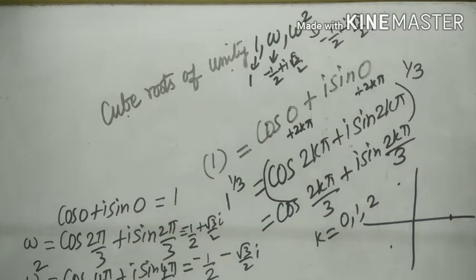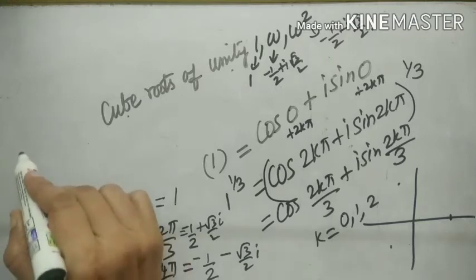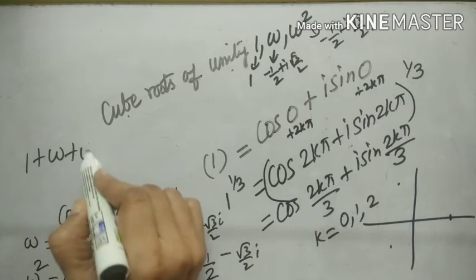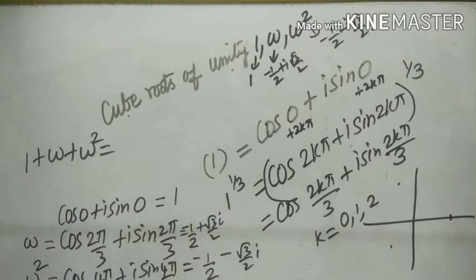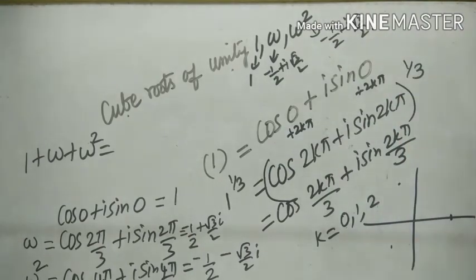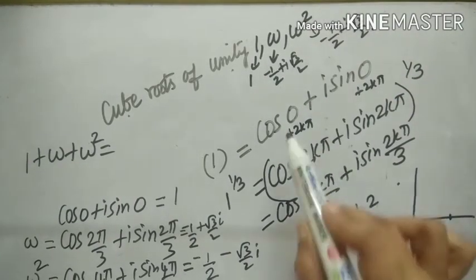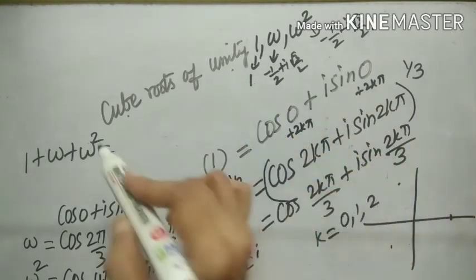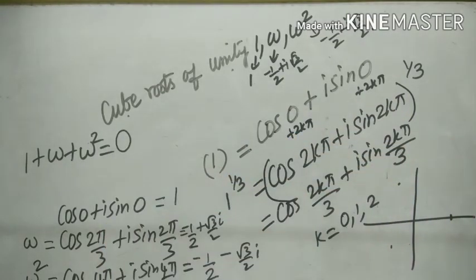So cube roots of unity are 1, omega, omega square. Tell me what is 1 plus omega plus omega square. Just add: plus i root 3 by 2 and minus i root 3 by 2 cancel. Minus half and minus half will be minus 1. Minus 1 and plus 1 give me 0. A very important result: whenever 1, omega, omega square represent cube roots of unity, 1 plus omega plus omega square equals 0.